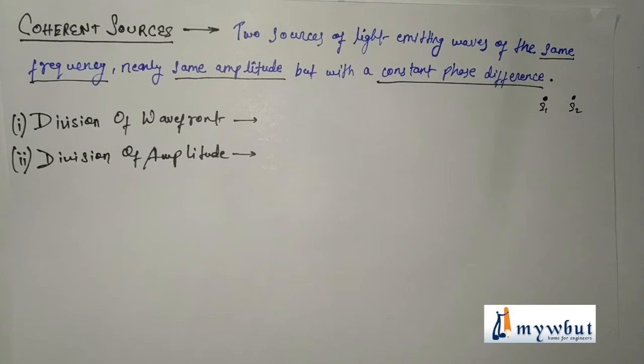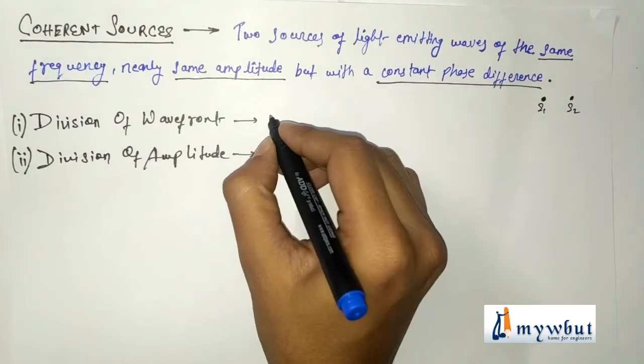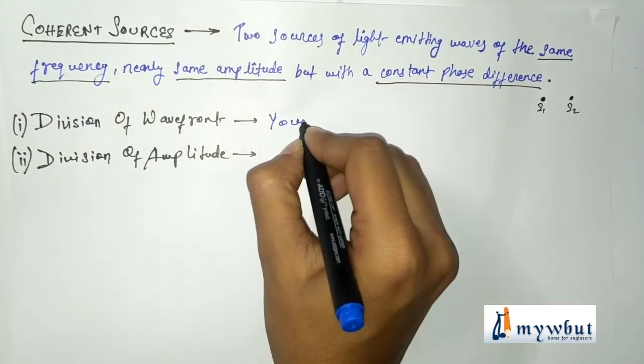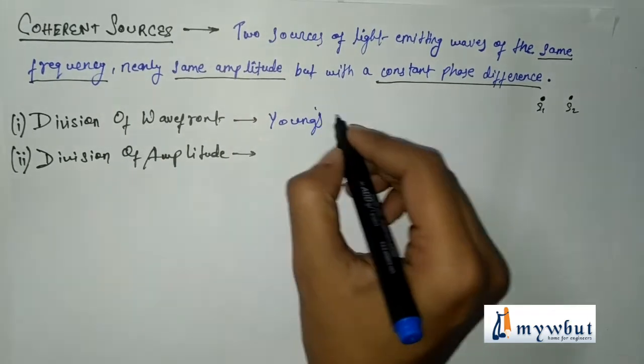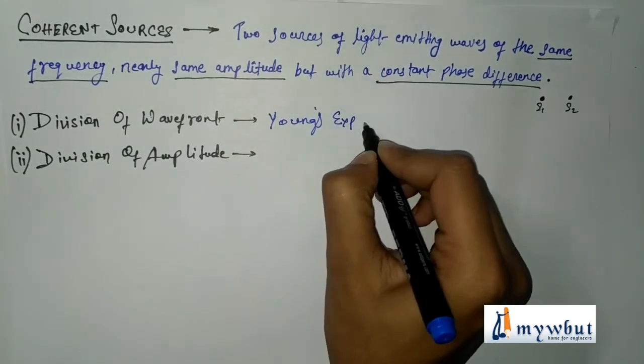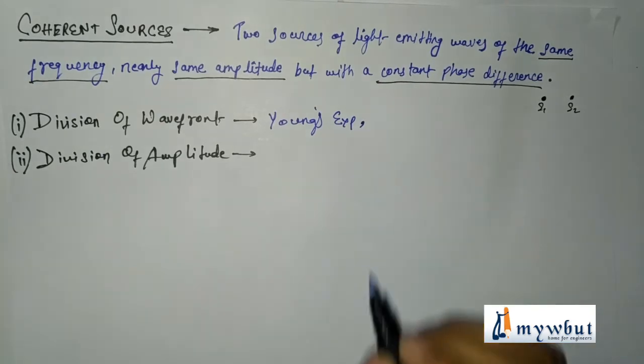So this is the definition, how it works, but we need to know where it is used. So the experiments or the observations in which these are used are, one is Young's experiment or Young's double slit experiment that we are going to study in detail.